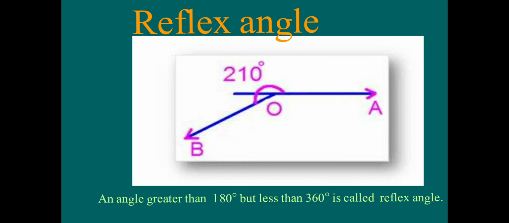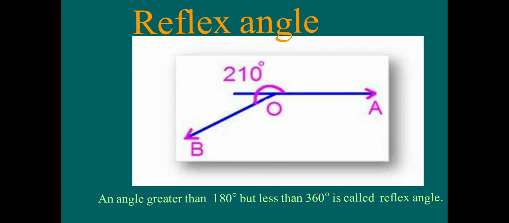Reflex angle. If the ray or line is turned even further as shown in the figure, we get an angle like the one in the figure. This angle is greater than 180 degree. Such an angle is called a reflex angle.